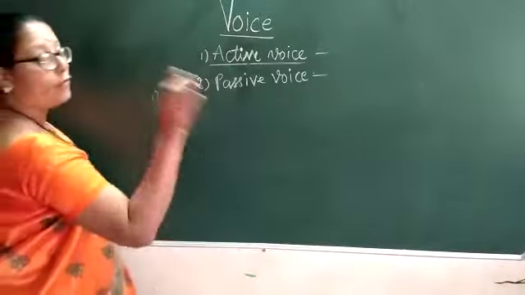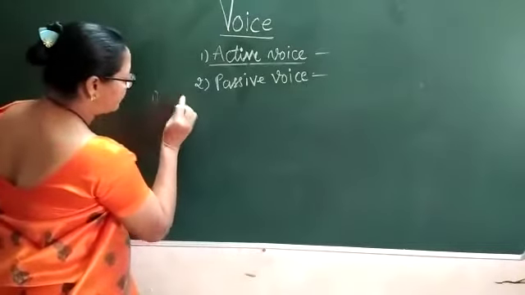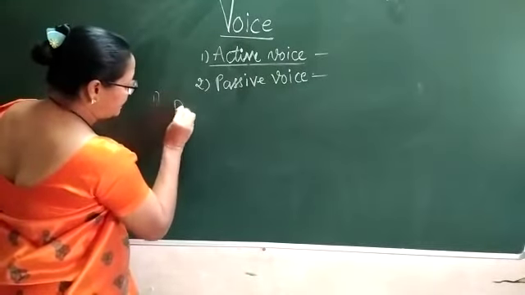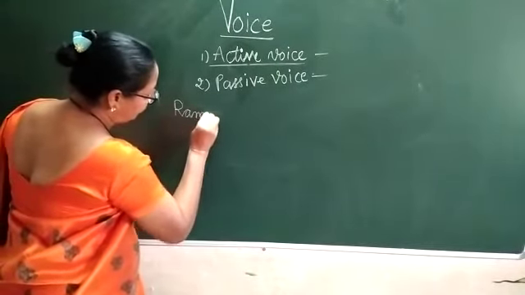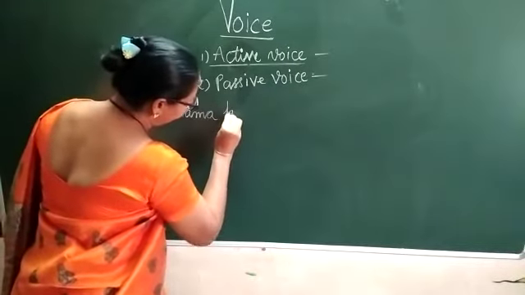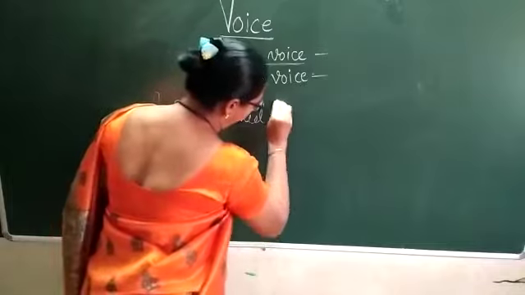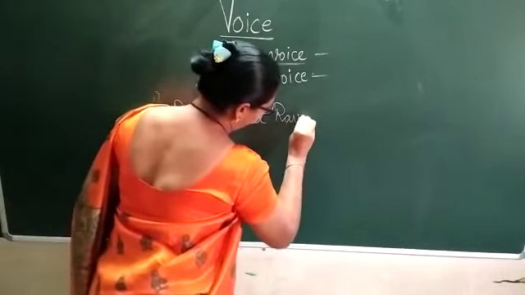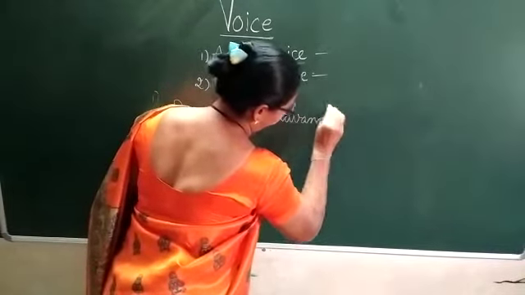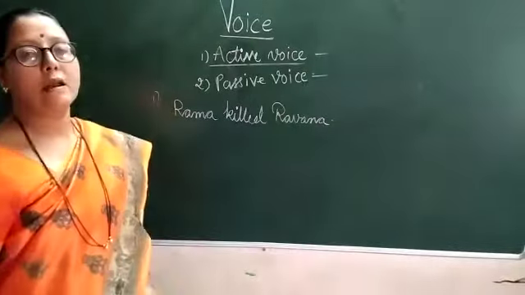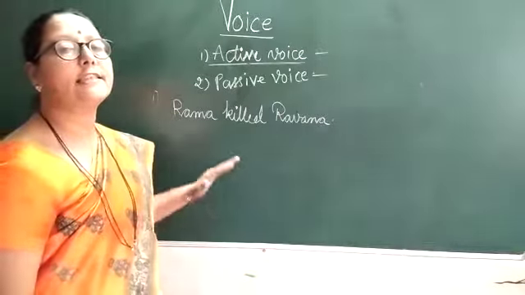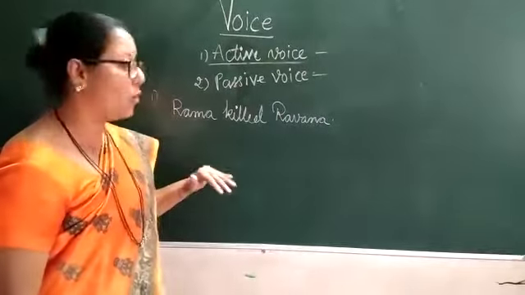Listen here to what I am writing on the board. See, first I am going to explain to you. Rama killed Ravana. How to find out if the sentence is in the active voice? Listen now.